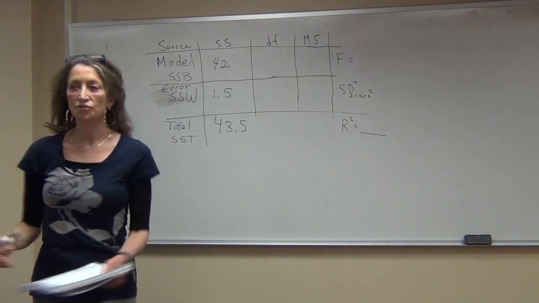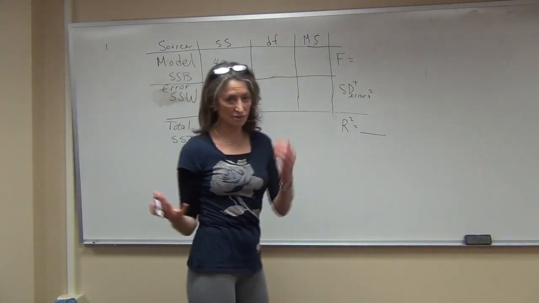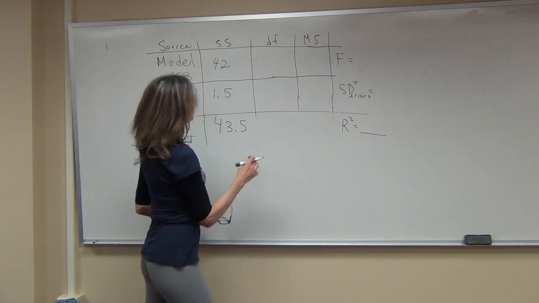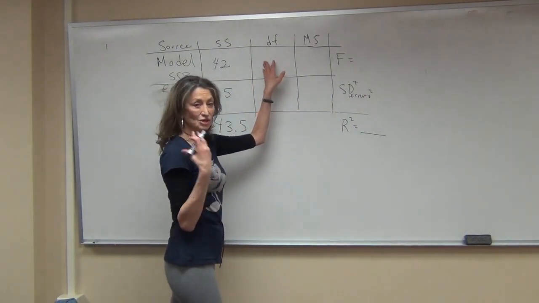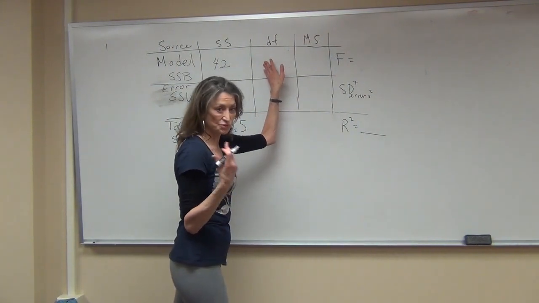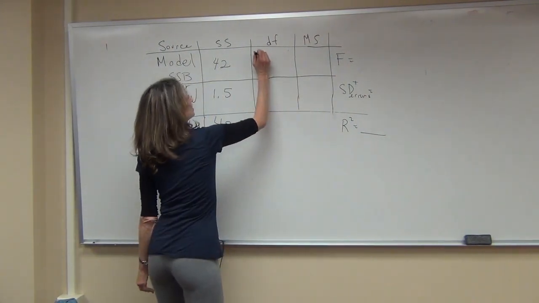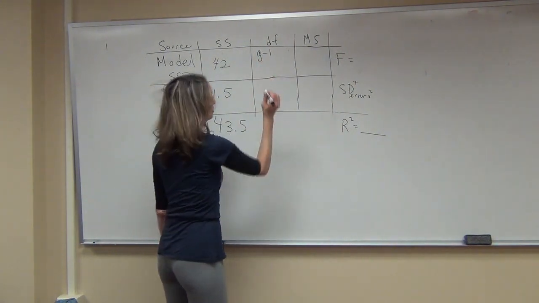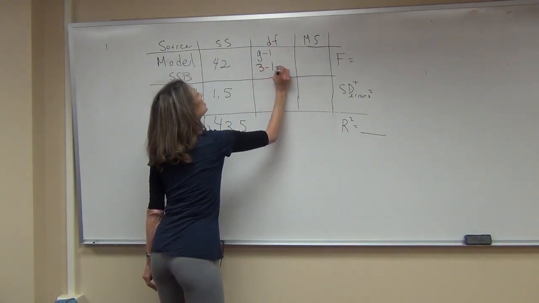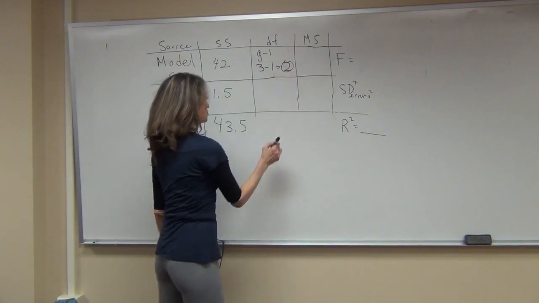Now what about these degrees of freedom? The degrees of freedom for the model is usually the number of parameters minus 1. So in this case, it's the number of groups minus 1. We have 3 groups, so the degrees of freedom is 2.